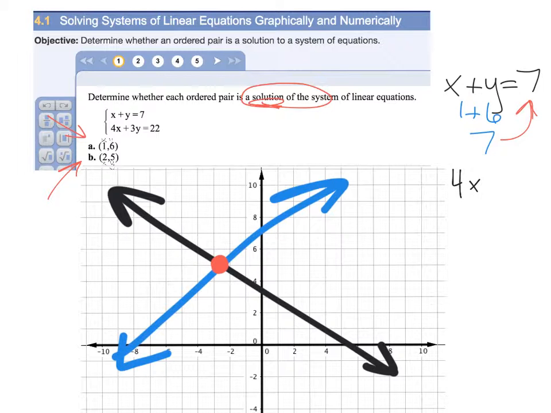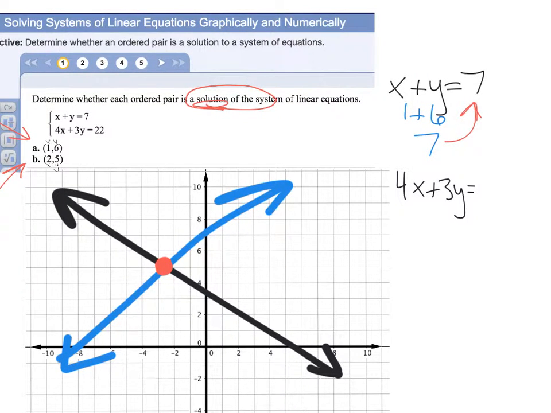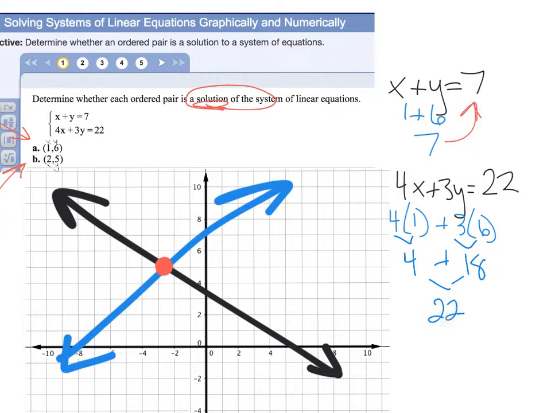So you've got 4x plus 3y equals 22, and we want to see if 1, 6 works. That means it's going to be 4 times 1 plus 3 times 6, and we want to see if that answer equals 22. So 4 times 1 is 4, plus 3 times 6 is 18. 4 plus 18 is 22.